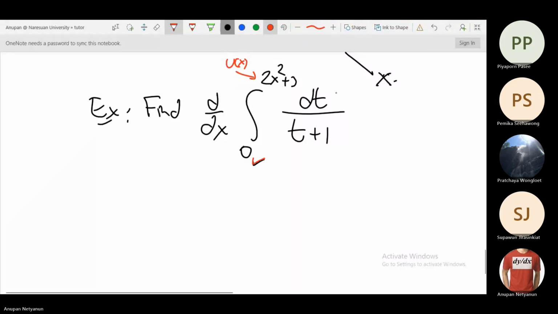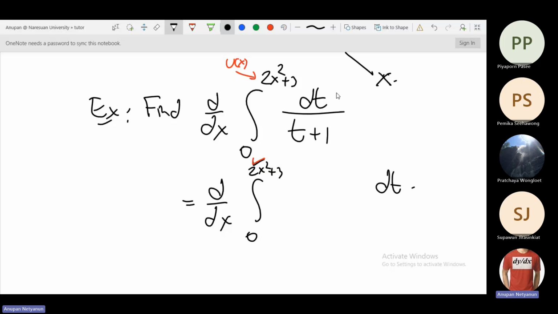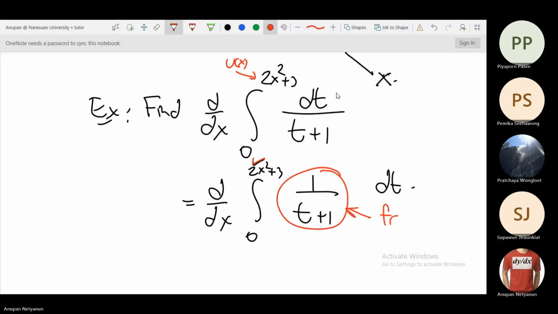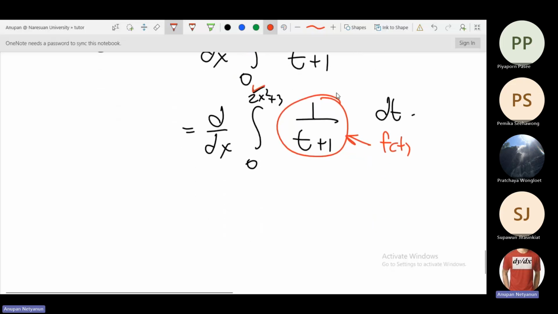Okay. Now let me change this guy, so let me pull dt outside. So I have 1 over t plus 1, and this is my f of t. Okay, and this is my u of x, right?